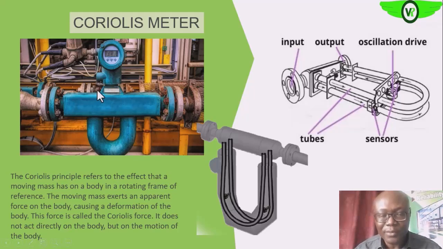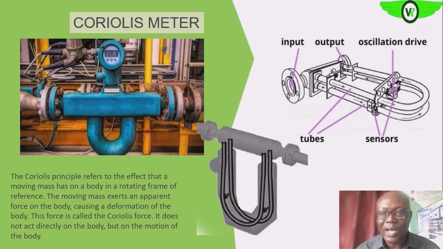So in this flow meter, we have a drive coil that helps to oscillate those two tubes, creating a vibrating force on those two tubes that makes them oscillate. Are we getting it?